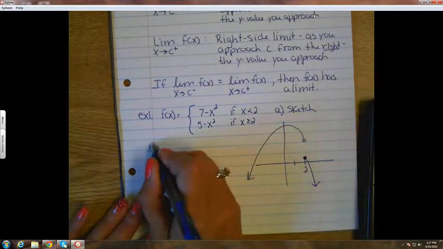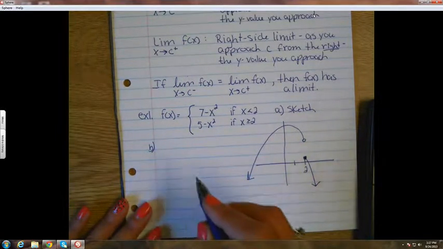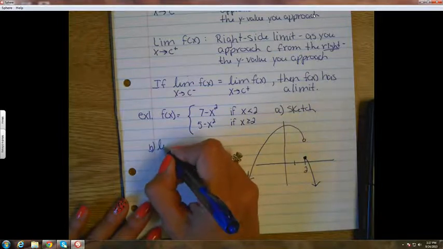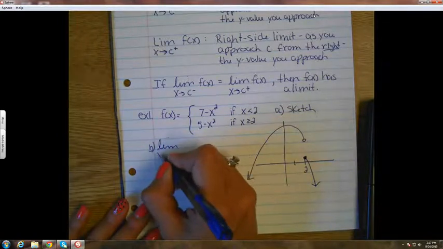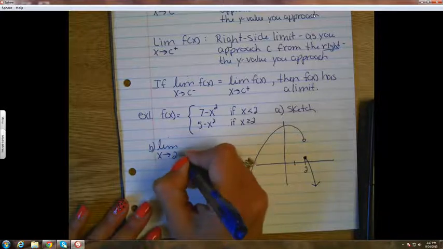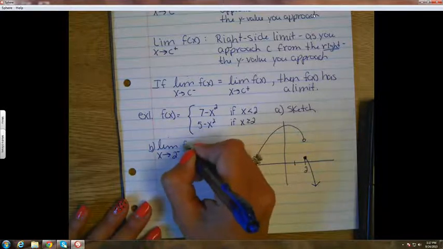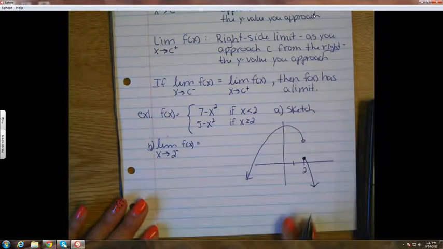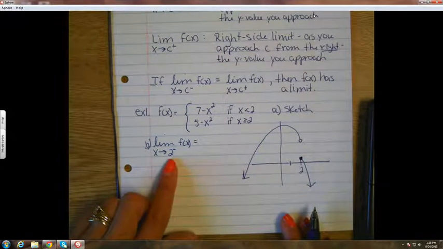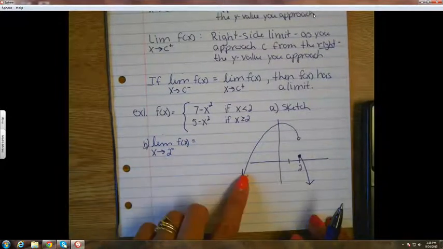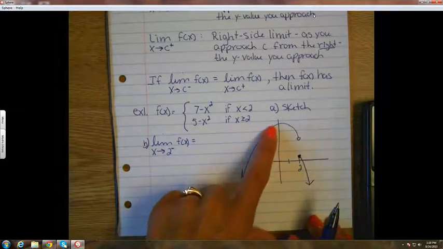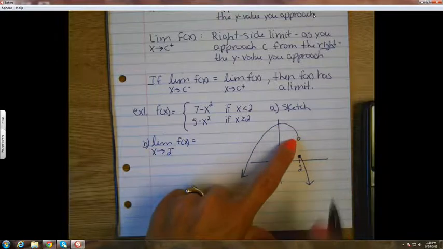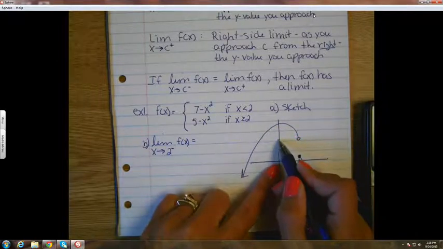Okay. So first question after the sketch is, can you tell me the limit as x approaches 2 with the little negative? So that means approaching 2 from the left. So your left finger, you're on the left side of the graph. I need to know this y value right here where that open circle is at.